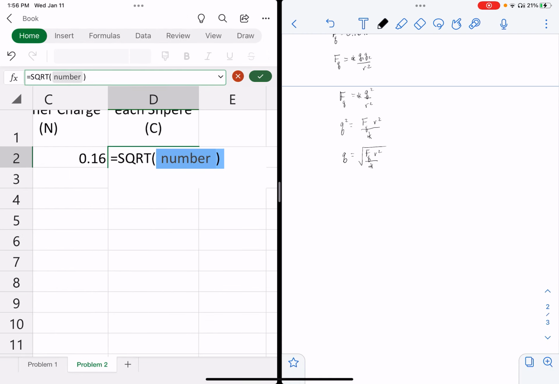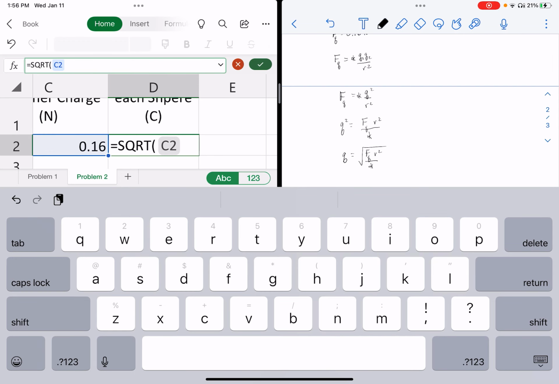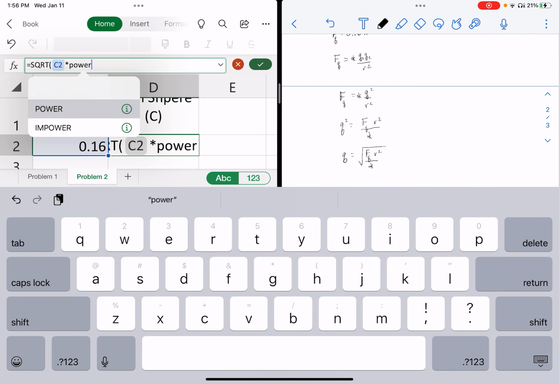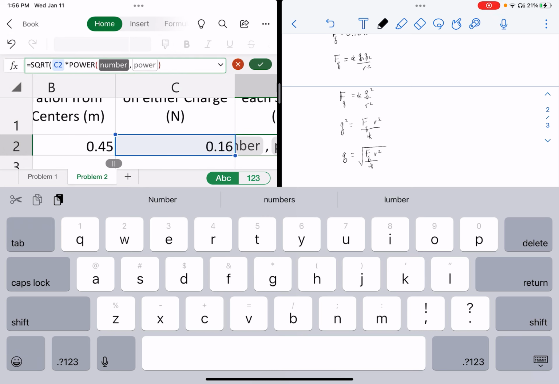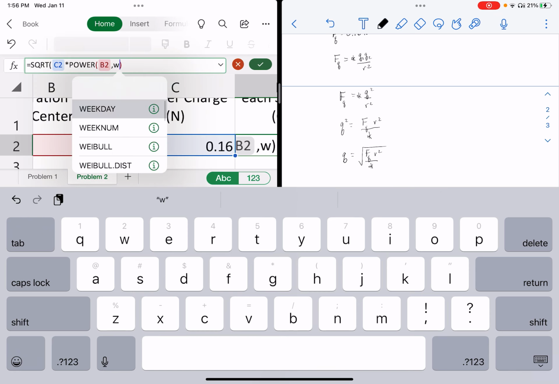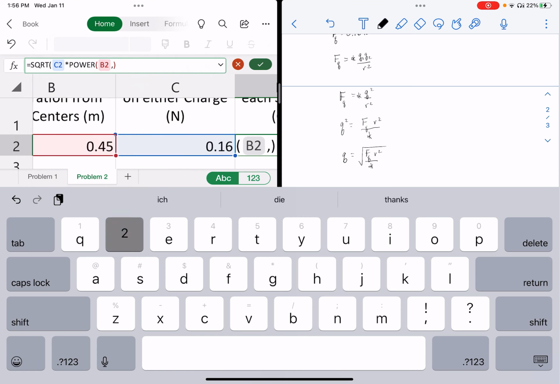So we have our force here, and I'm going to multiply that times the power of the distance between the two spheres. It's not W, it's actually 2 because I want it to be squared. And I'm still in the square root, am I not? Yeah, that's it.